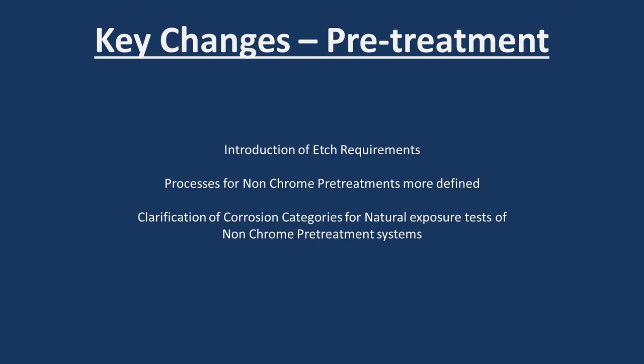In the old 2004 version of the standard, it basically says you should clean and etch all the aluminium, and that's it. There's no how much, how long, or anything like that. So we introduced the 1 gram per square metre requirement to give a standard requirement for a minimum to give you the right performance for a good quality coating.